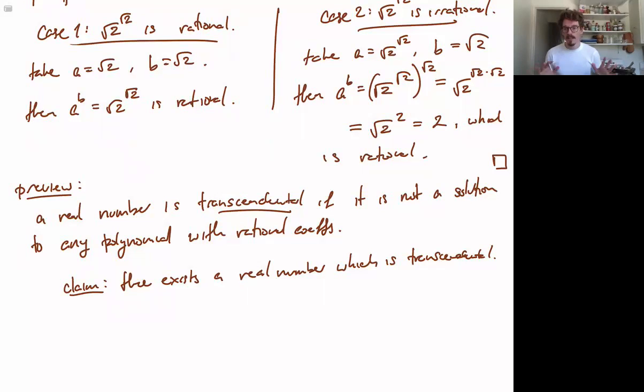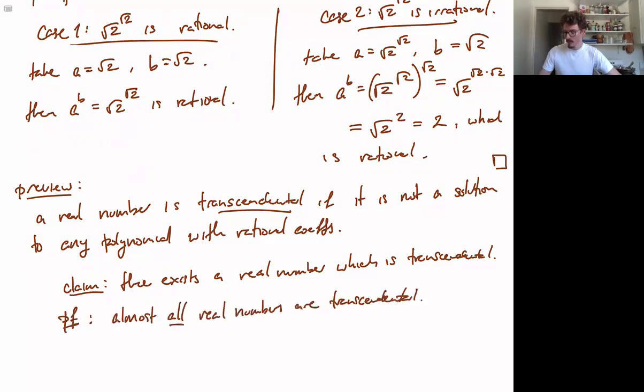And genuinely, the easiest way I know to prove this is to prove that, in fact, almost all real numbers are transcendental. And therefore, one exists. But genuinely, it is easier to prove that almost all real numbers are transcendental than it is to write one down, which is quite wild and a very striking example of a non-constructive proof.